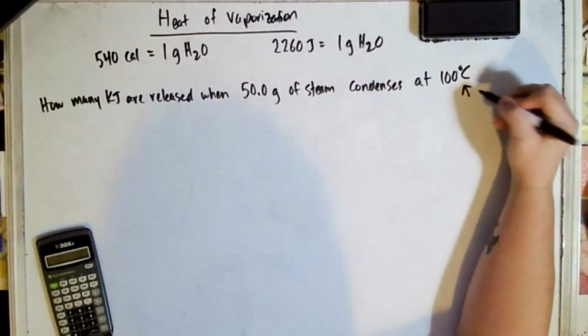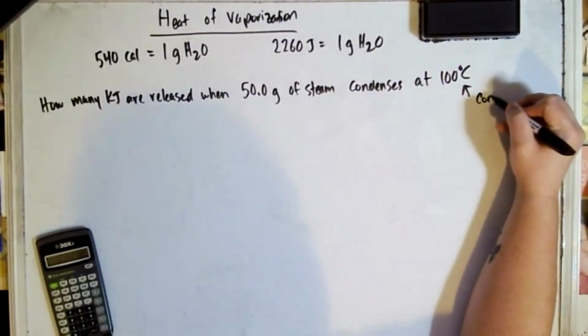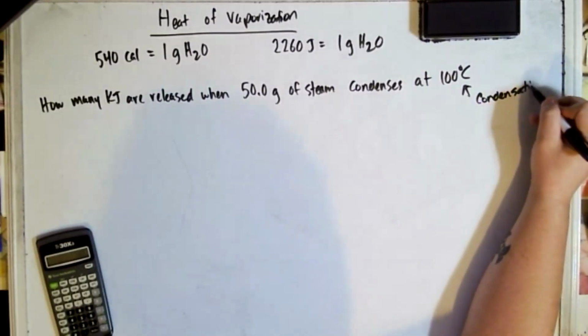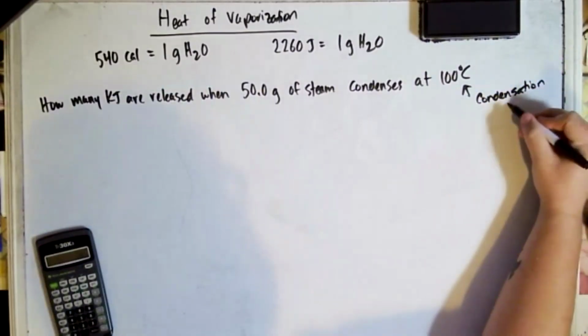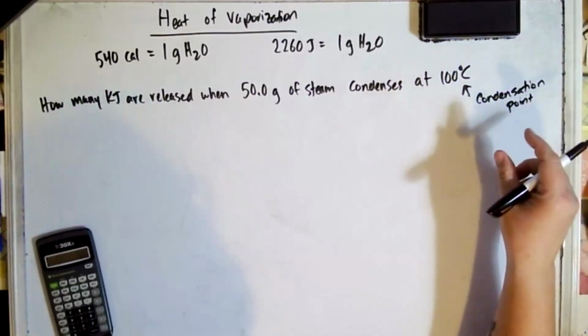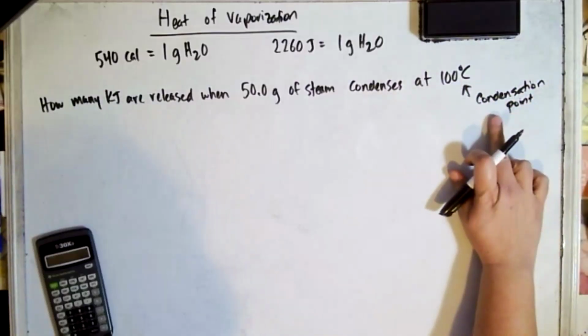Okay. So that's going to be our condensation point. Just like we have a boiling point, we have a condensation point. Just like we have a melting point and a freezing point, right? And it's the same temperature. Our boiling point and our condensation point, it's the same temperature.